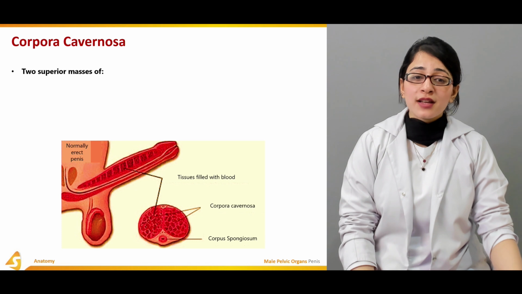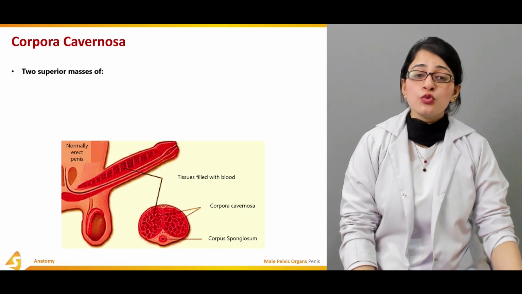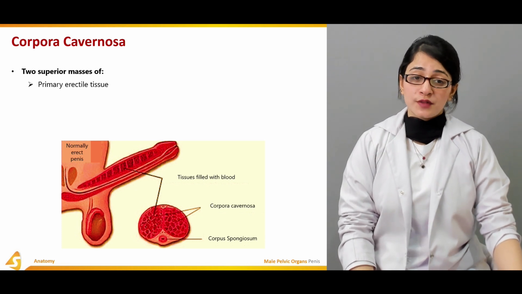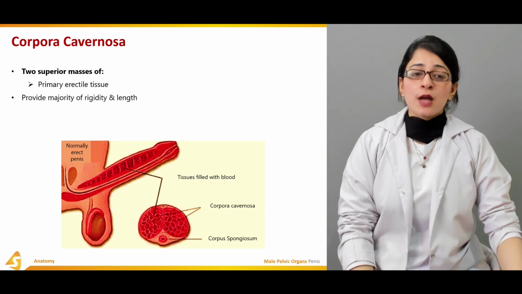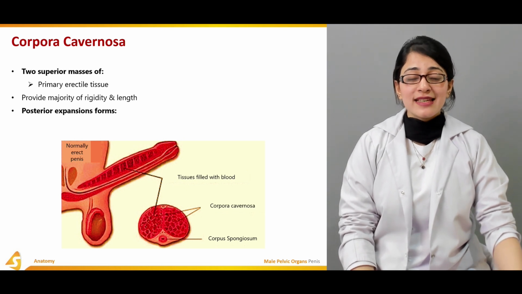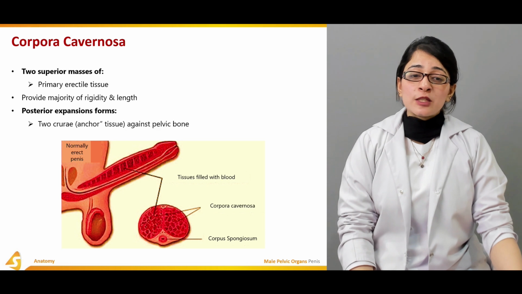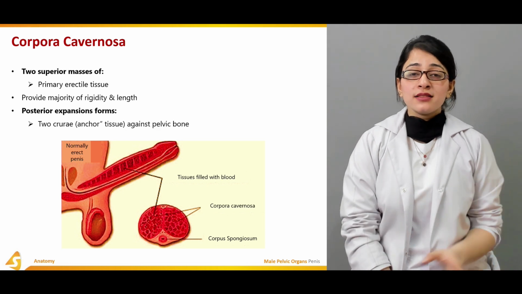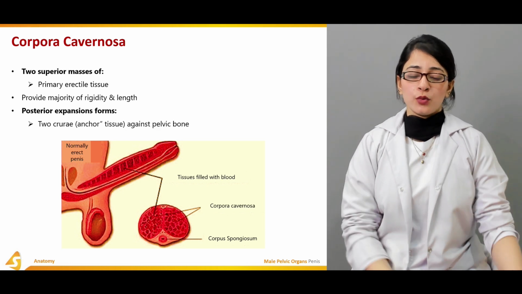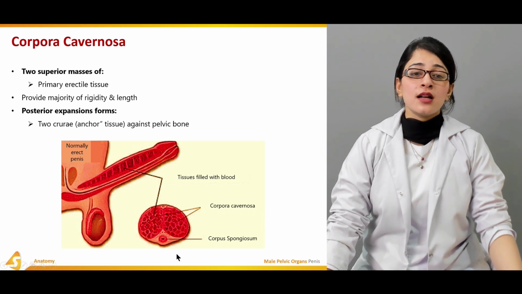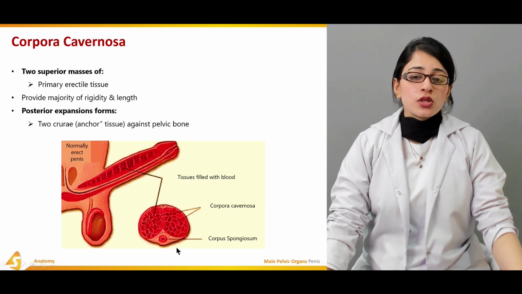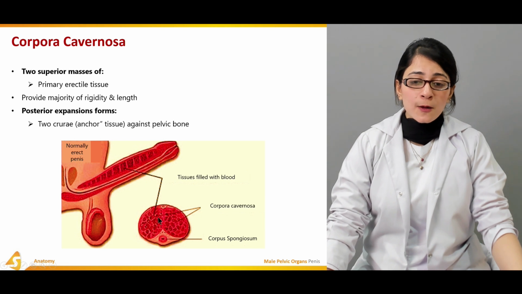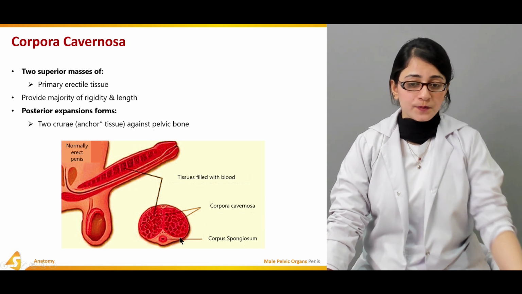So corpora cavernosa is, we have two superior masses of the primary erectile tissue, providing the majority of the rigidity and length. Posterior expansion forms the two crura, anchoring the tissues against the pelvic bone. So we have the two corpora, or the erectile tissues, the corpora cavernosa, which you can see here, and the corpora spongiosum.